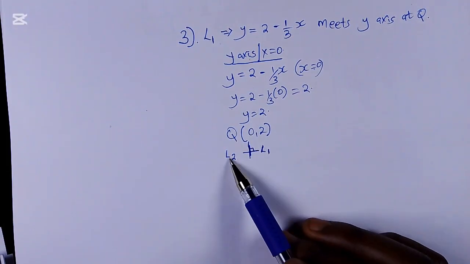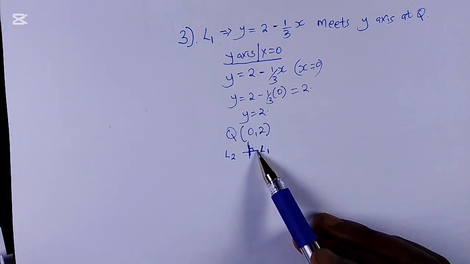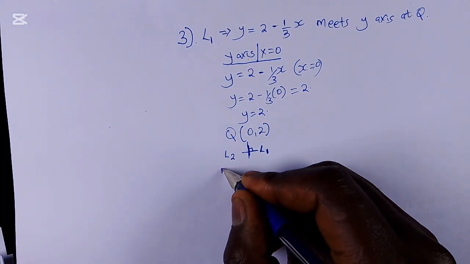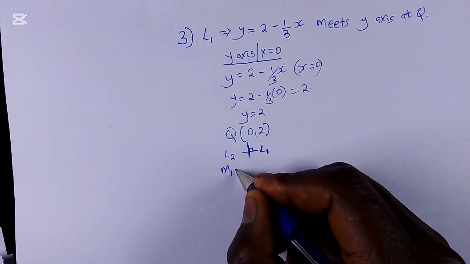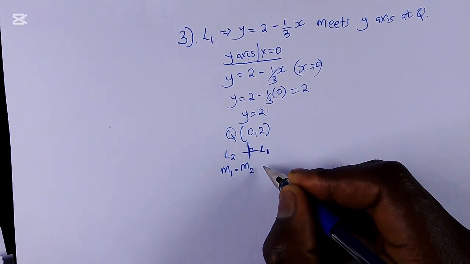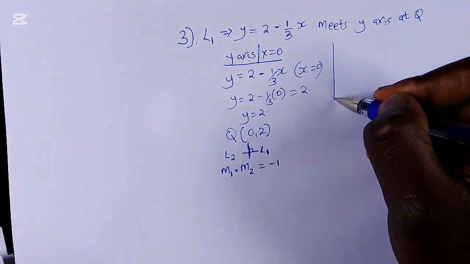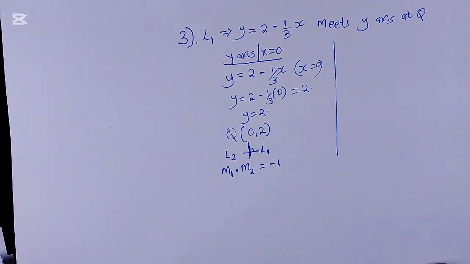And if both lines intersect each other at a right angle, we should know that the gradients of both lines, when multiplied, add up to -1. So when we multiply the gradients of the two lines, we will get -1.